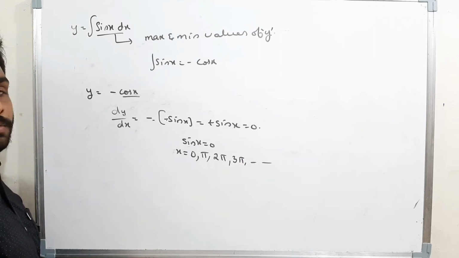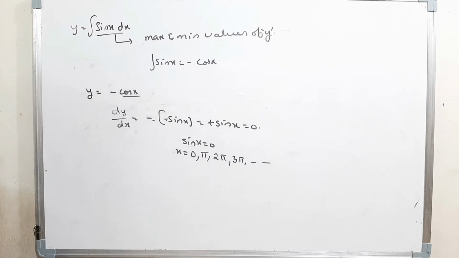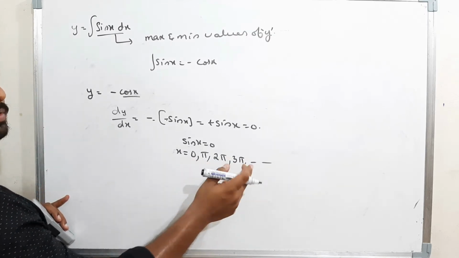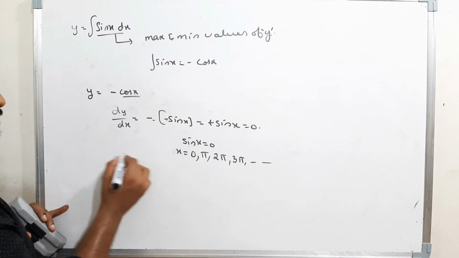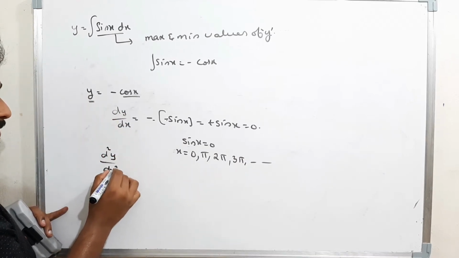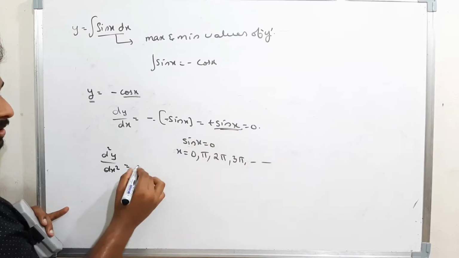These are the values where dy by dx is 0. Everyone will accept that? Now I have to find which are maximum and which are minimum values. Now again double differentiate this. d square y by dx square. If I differentiate sin x, what I will get?